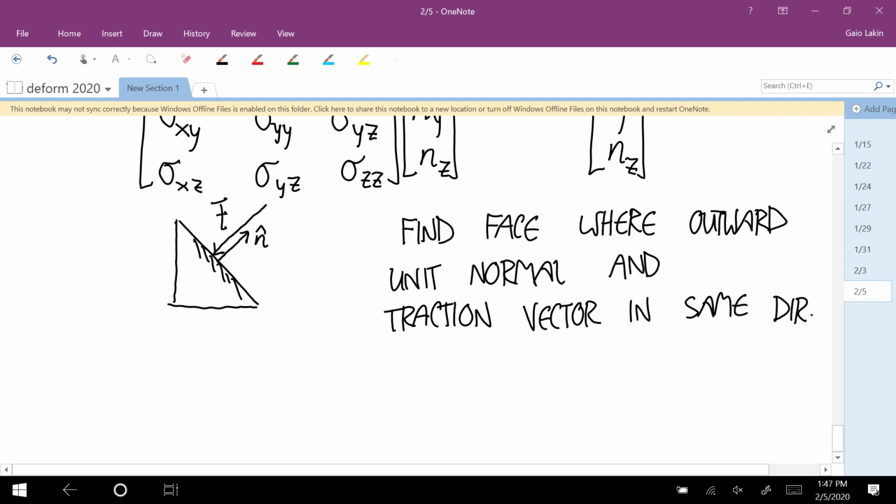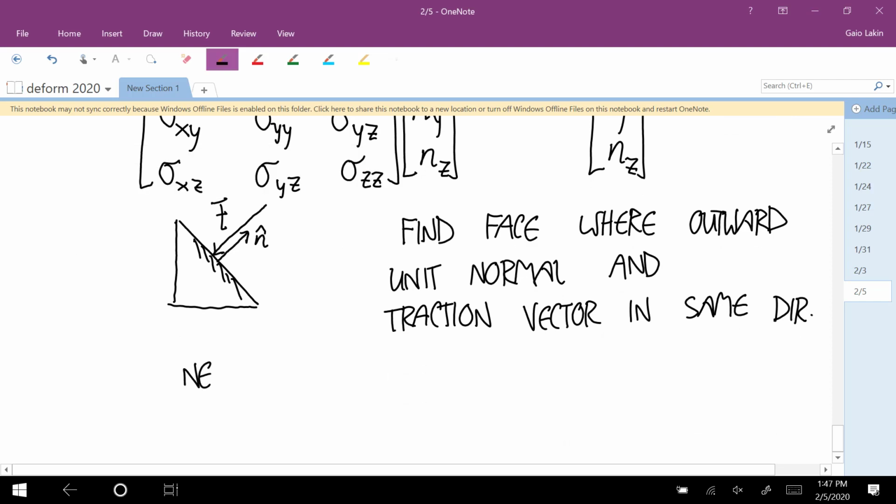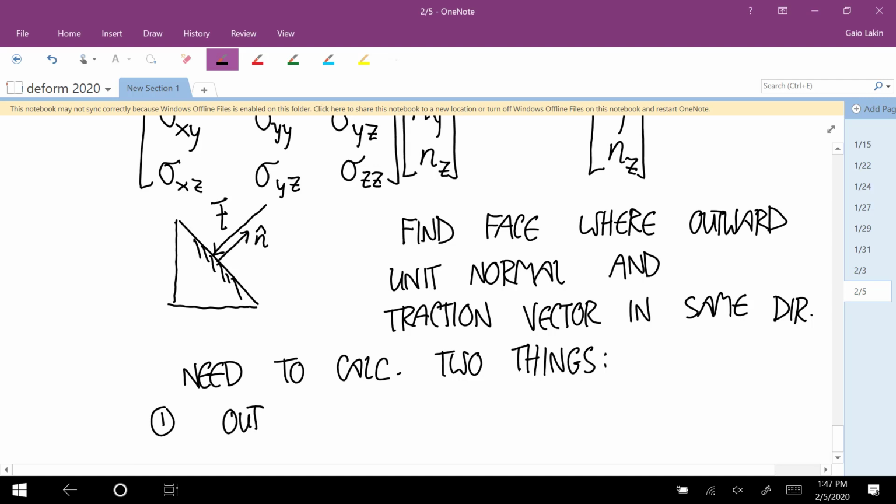So what we're trying to do is we need to find two things. We need to find the outward unit normal. That's n hat.